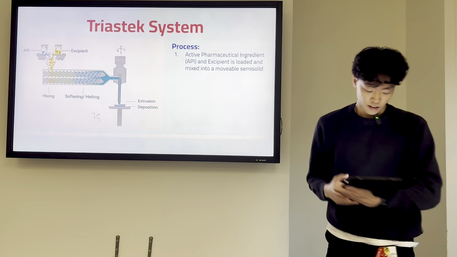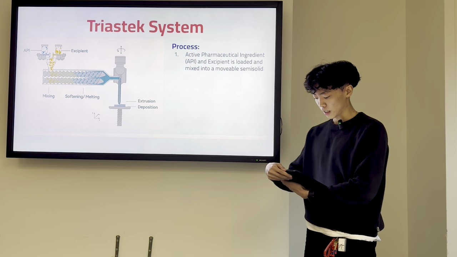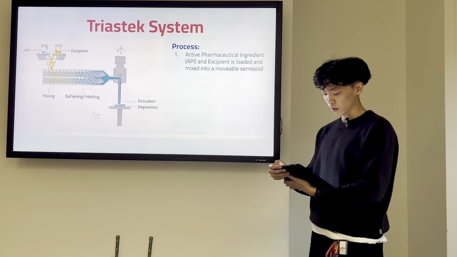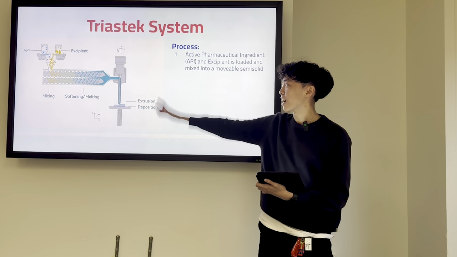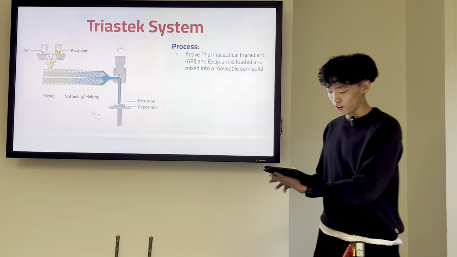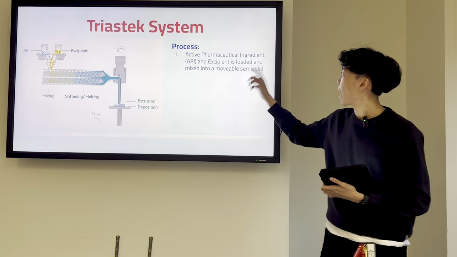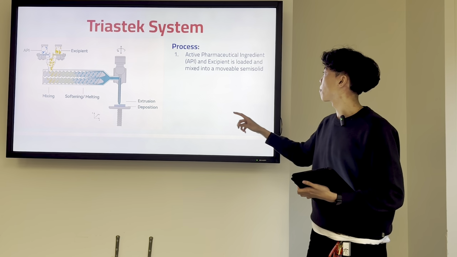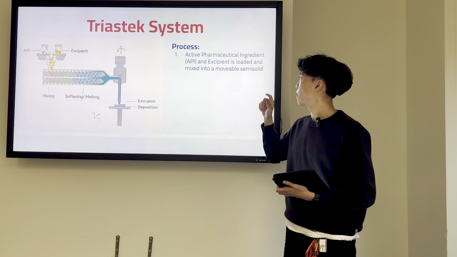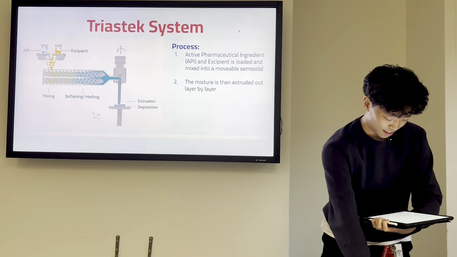TriStack is the current global leader in 3D printing medicines, and it utilizes something called melt extrusion deposition technology. This is the model here. The process is that the active pharmaceutical ingredient, the API, and the excipient are first mixed in a chamber and loaded into a movable semi-solid.